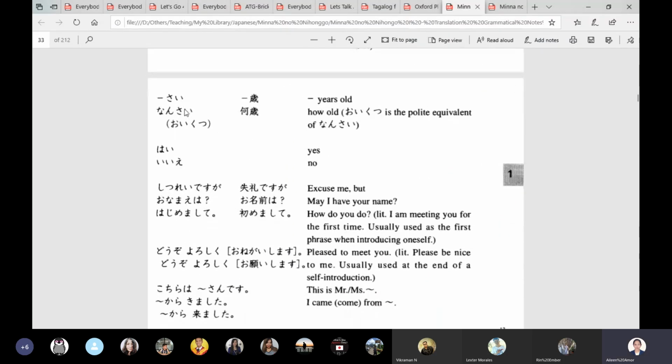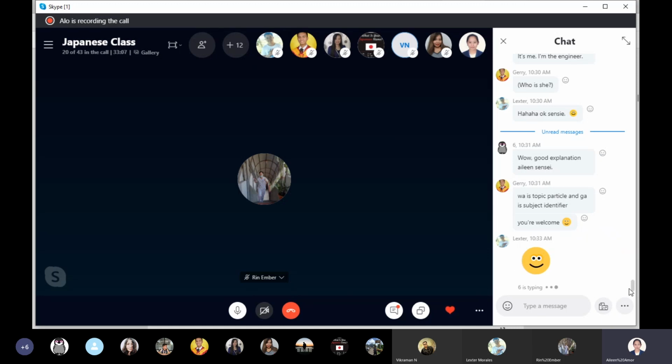So, yeah. Sai means age. So for example, watashi wa 28 歳 desu. So, 28 is usually just the number, but when we connect it with age, it's pronounced differently as 28 歳.